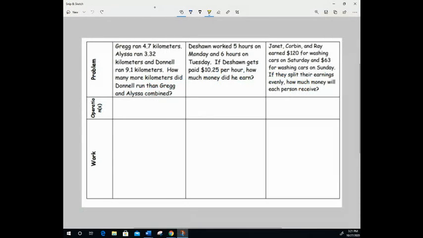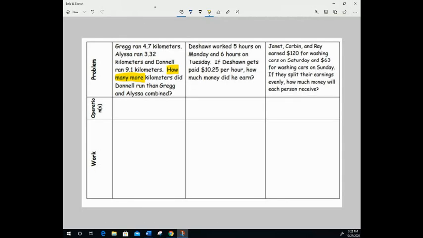This first one says Greg ran 4.7 kilometers, Alyssa ran 3.32 kilometers, and Donnell ran 9.1 kilometers. How many more kilometers did Donnell run than Greg and Alyssa combined? The one thing that sticks out to me is "how many more." So I'm going to highlight that. When I think of how many more, I'm thinking there's going to be some subtraction involved.